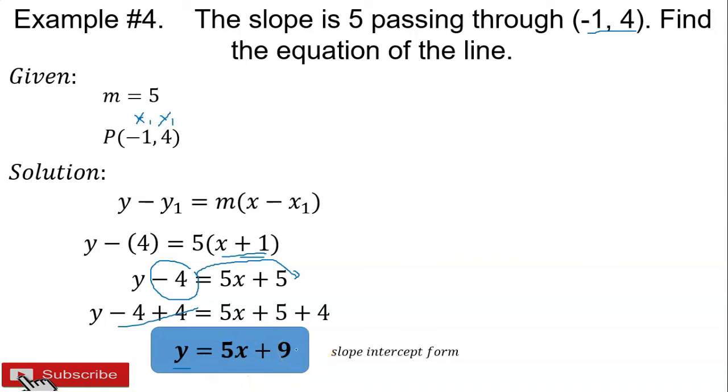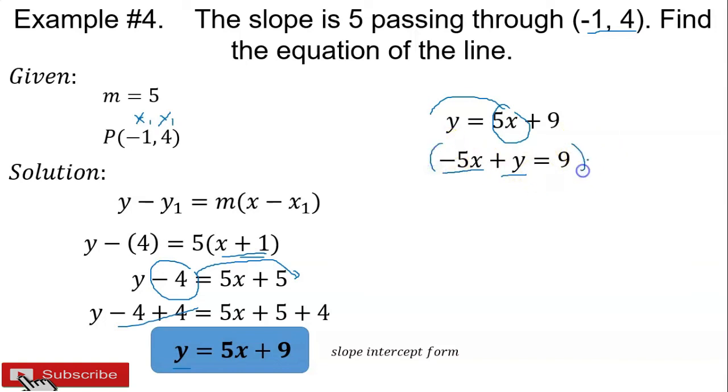Kunin din natin yung standard form. So, using this, y is equal to 5x plus 9. I-transpose nyo lang yung negative 5x of positive 5x to left side. It becomes negative 5x plus y is equal to 9. Okay, pwede na ito, pero kung gusto nyo gawin nyo siyang positive yung value ng a, okay, just multiply both sides of the equation by negative 1.